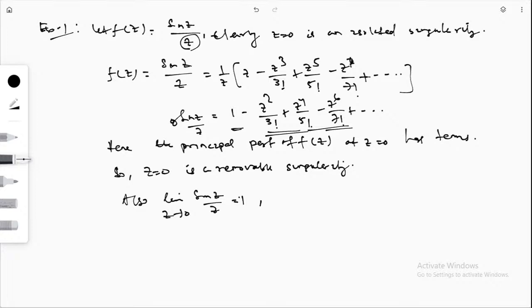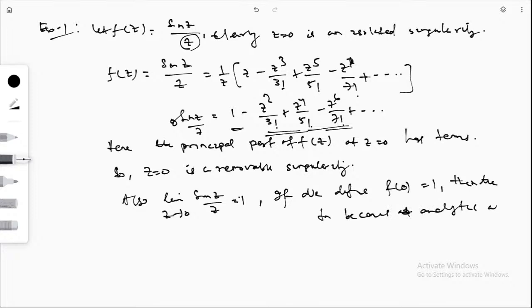So if we define f of 0 equal to 1, then the function becomes analytic at z equal to 0.